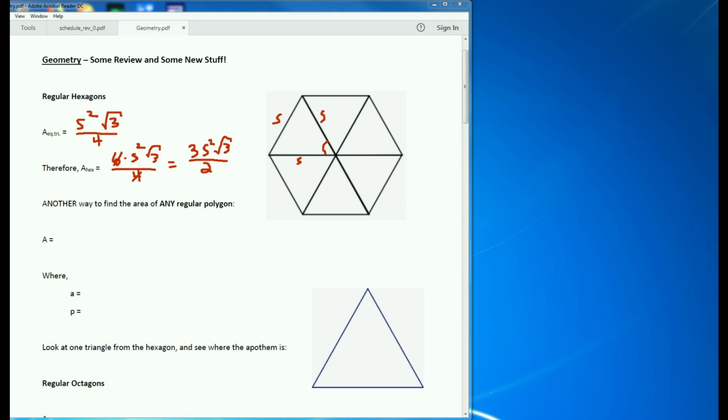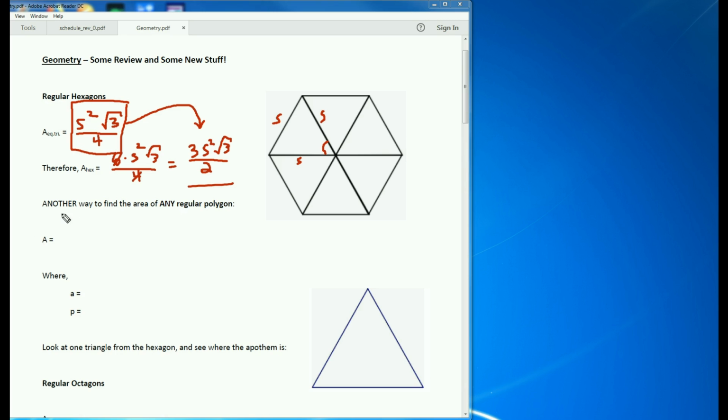Okay, so is it important to memorize this formula? It is super important that you know this formula, because if you know this formula, then you can easily get this one. All right? So, not as important to memorize this one, but you must know this one.